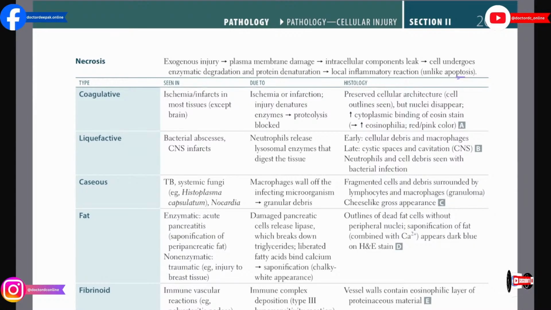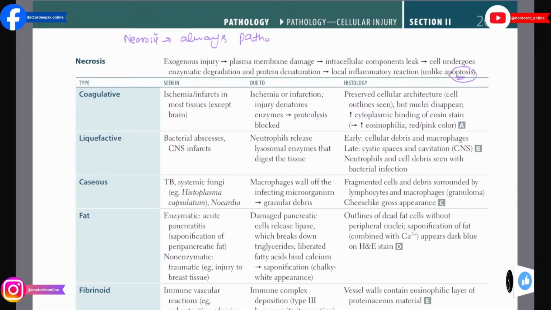We will study this topic in the evening class, but let's take a difference here. First of all, necrosis is always pathological. This is the first major difference. But apoptosis can be physiological, and it can be pathological.